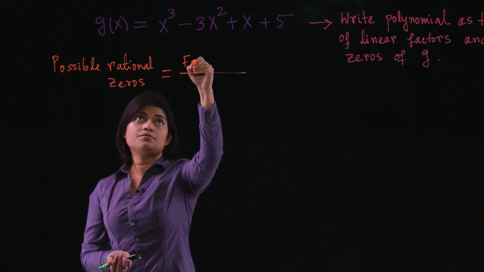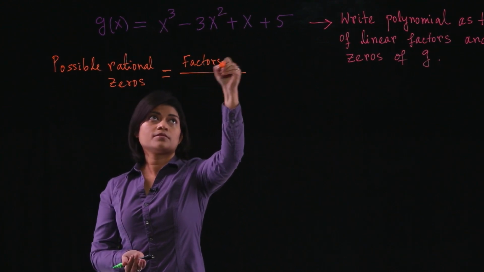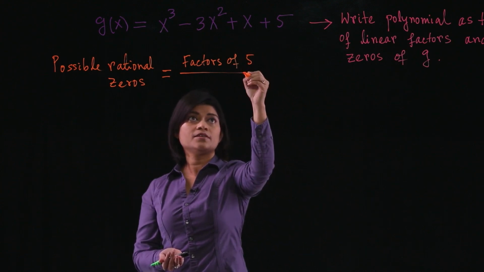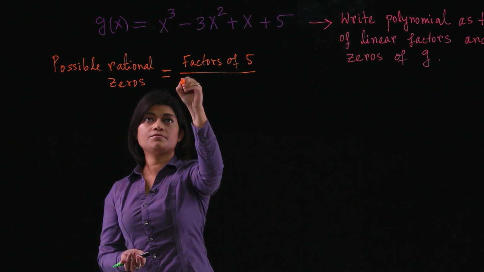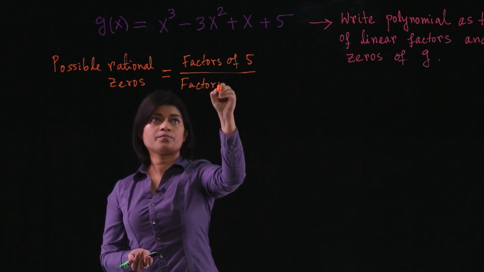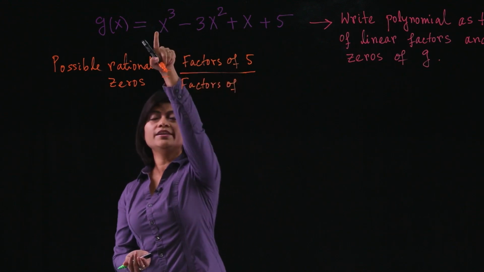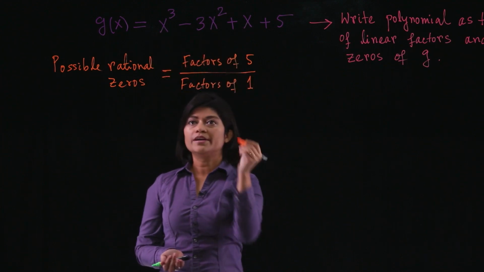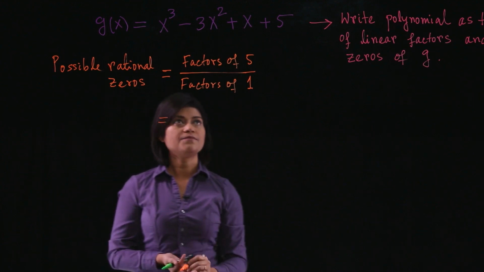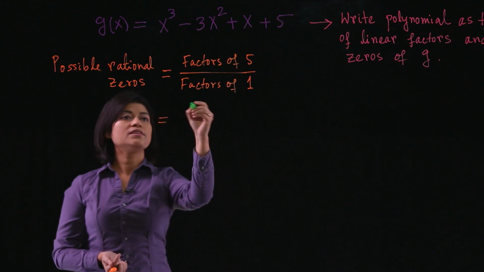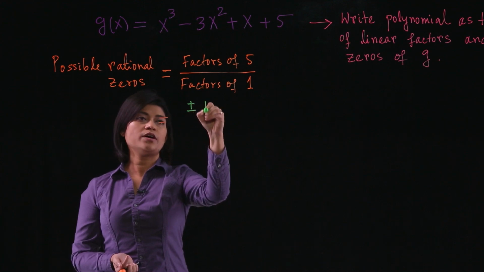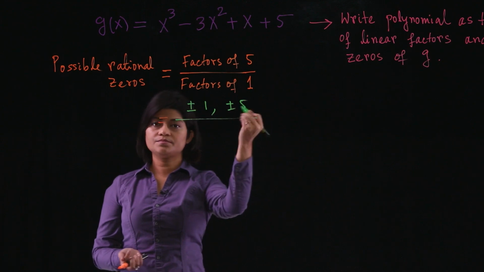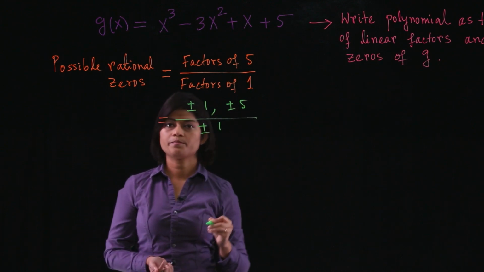It's the factors of the constant term, and the constant term is 5, divided by factors of the leading coefficient, and the leading coefficient is right here, it's 1. Okay, so what are the factors of 5? It's either plus or minus 1 or plus or minus 5. And what are the factors of 1? They are just plus minus 1.